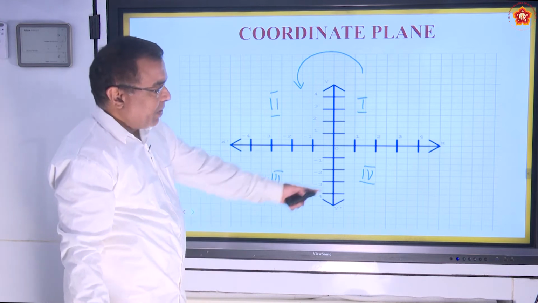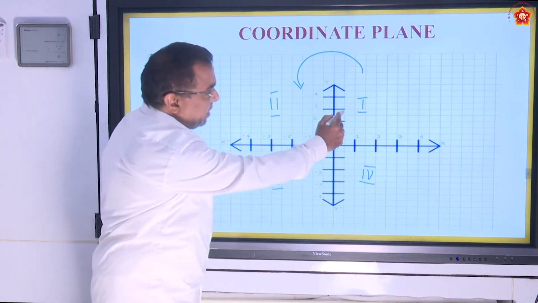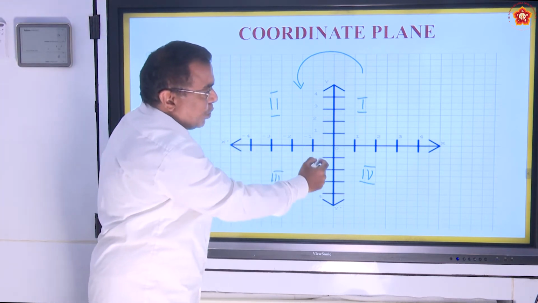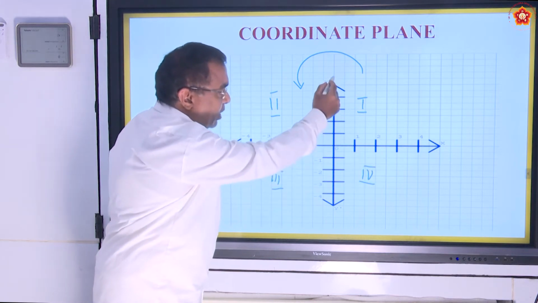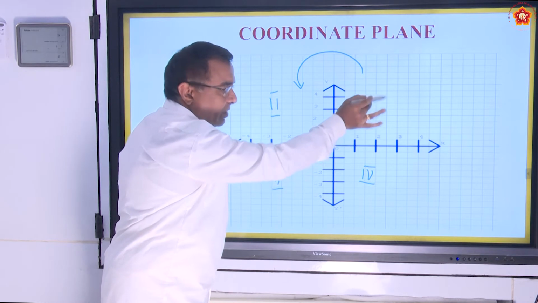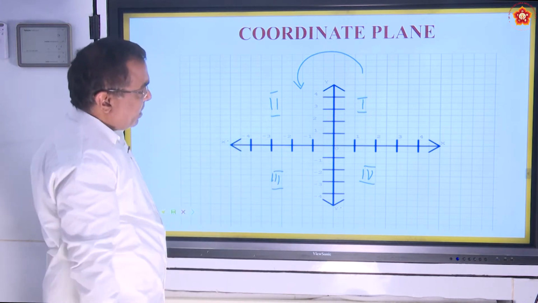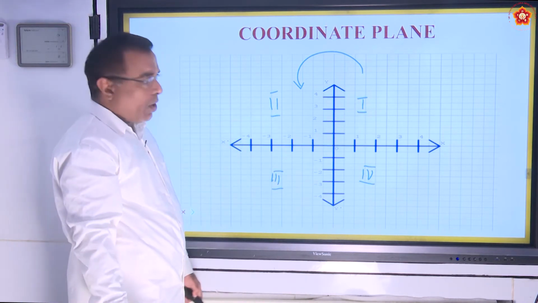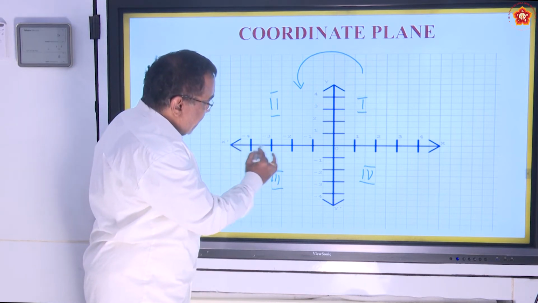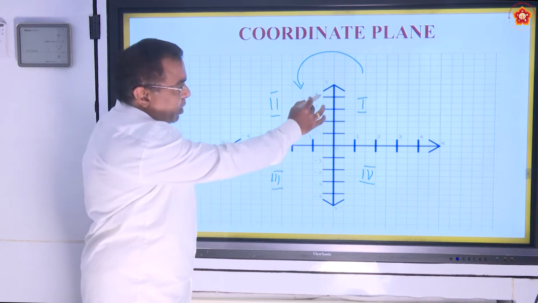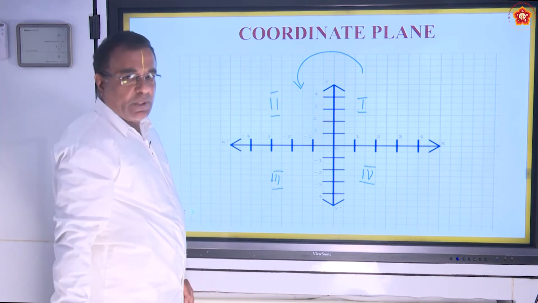As you observe, the first quadrant is the plane which is going to cover all the points of the positive x-axis and the positive y-axis. Okay, and in the second quadrant, we are going to represent the coordinates with negative x values and positive y values.